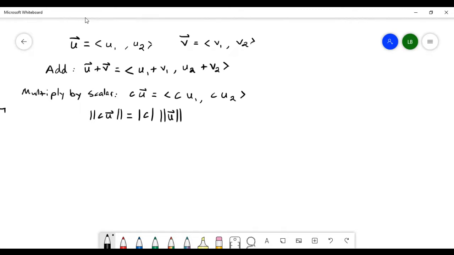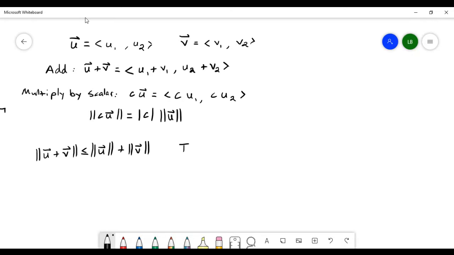Magnitude should always be positive because it's just a length, and we can't have a negative length. However, when we're adding vectors, the magnitude of the combined vector, u plus v, is always going to be smaller than or equal to the magnitude of u plus the magnitude of v.